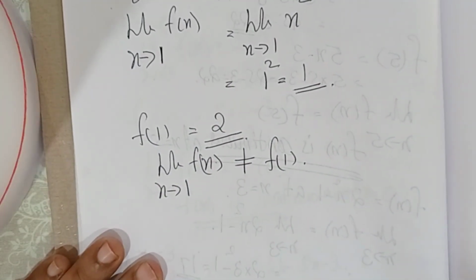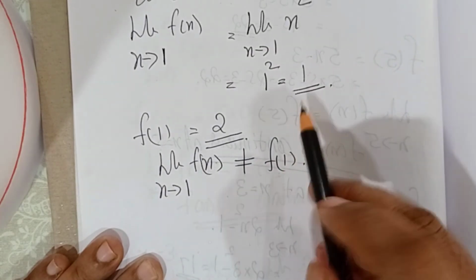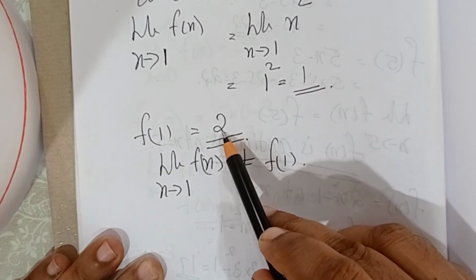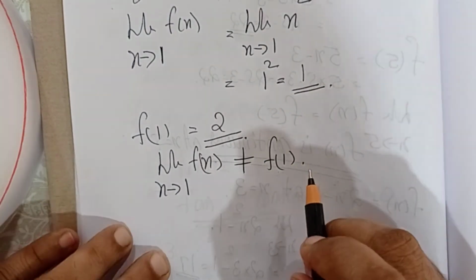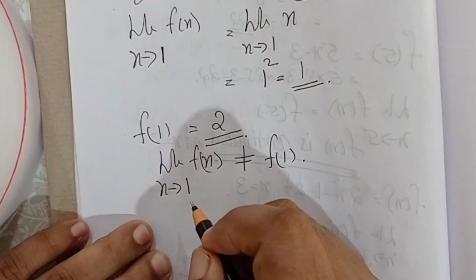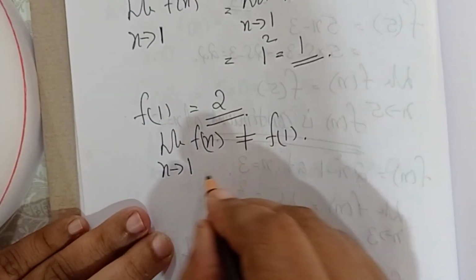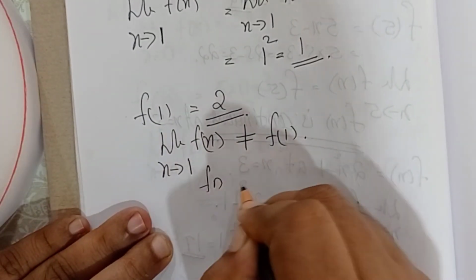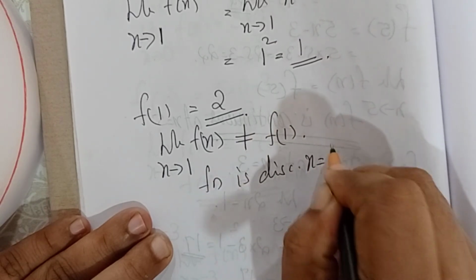Students, you understand this? Two different values. Therefore, the function is not continuous, which means discontinuous at x equal to 1.